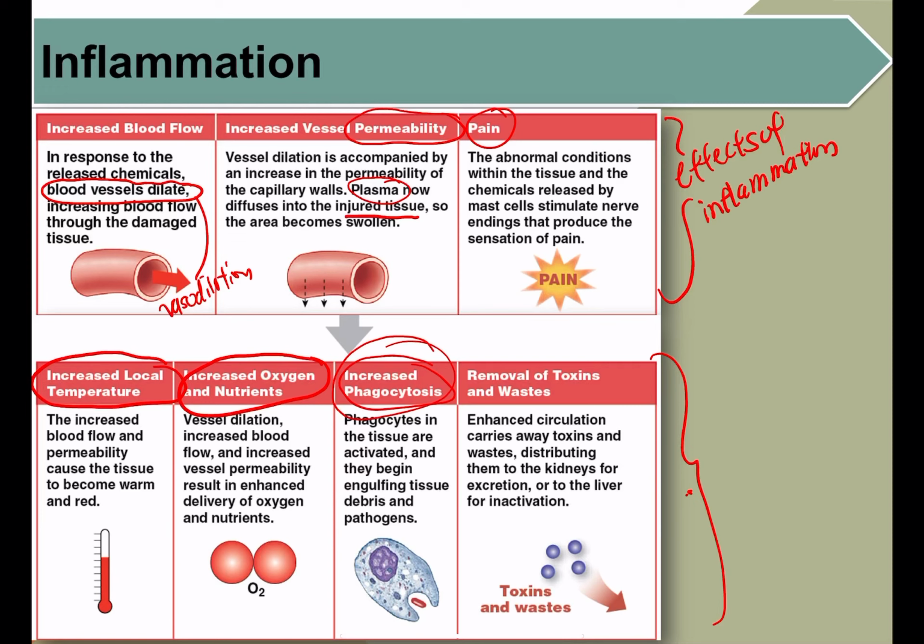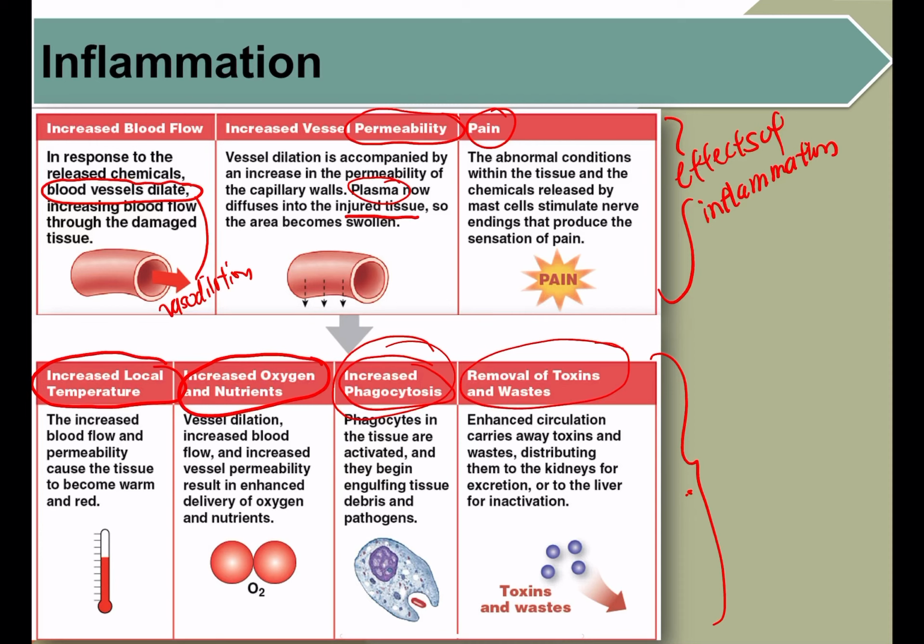And the overall enhanced circulation in an inflamed site will carry away toxins and wastes and send them either to the kidneys for excretion out of the body in urine, or towards the liver for inactivation, because the liver is a big organ that does a whole bunch of stuff.